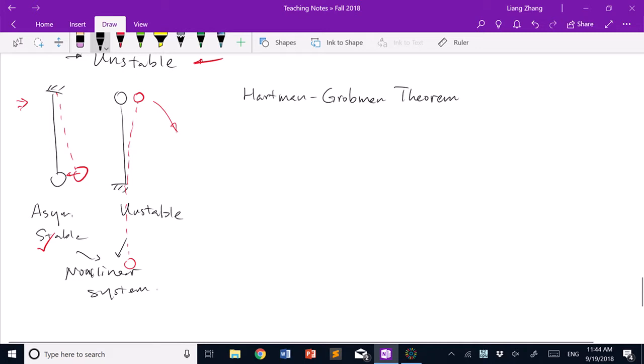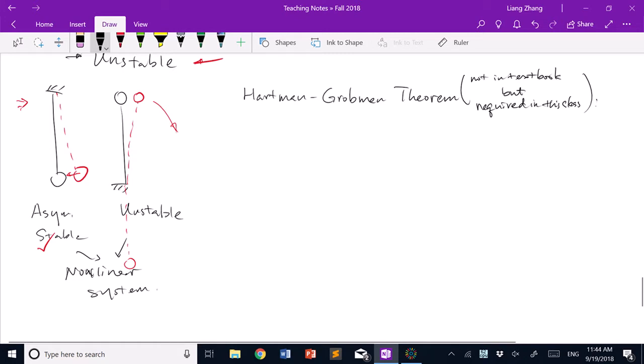This result is not included in the textbook, so I want to point it out. So this is not in the textbook, but it's required material in this class. So make sure you understand it, and we'll be able to use it.